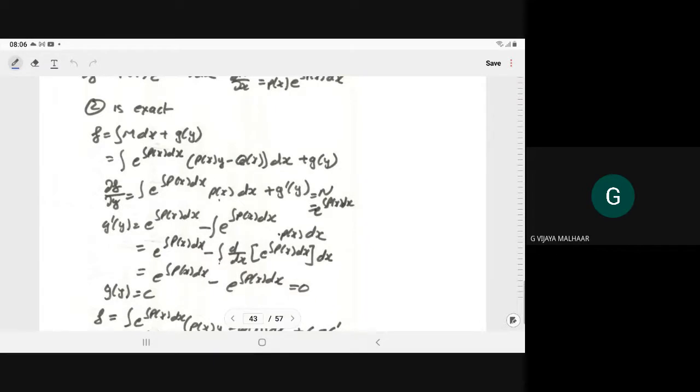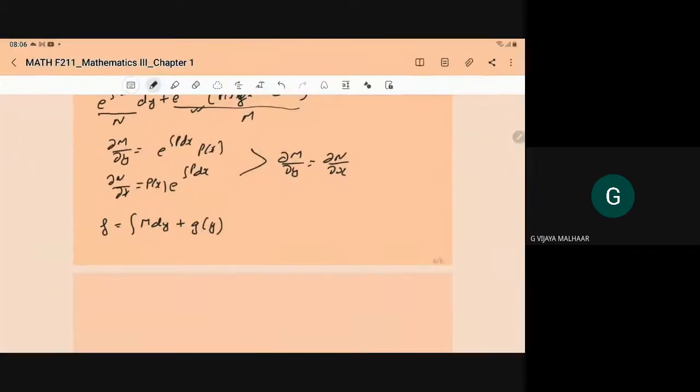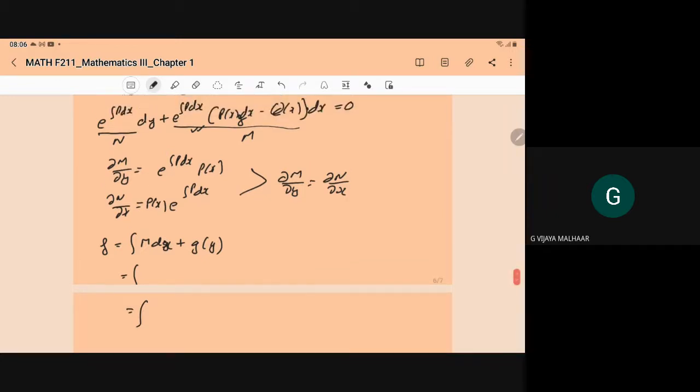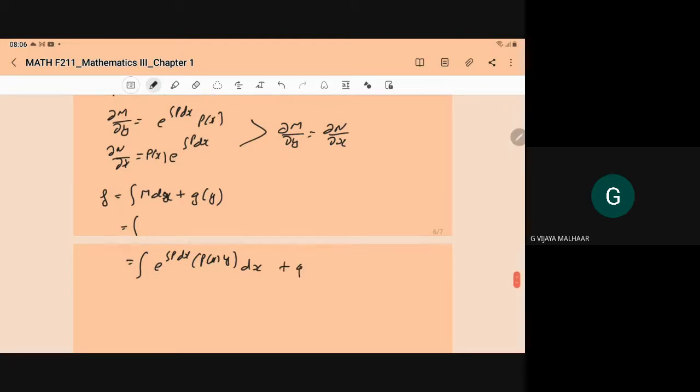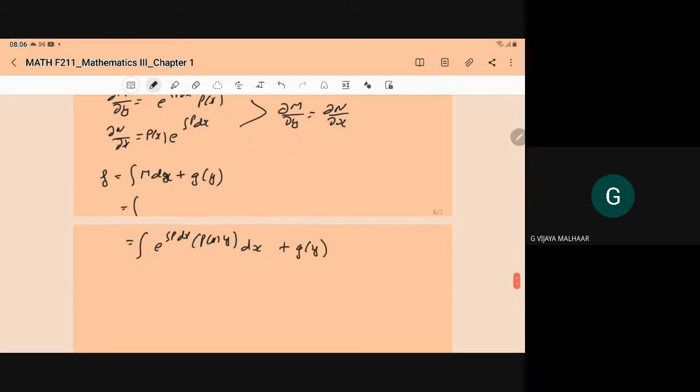So f is the integral of M dx plus g(y). So what is the M here? M is e to power integral p dx and p(x) into y. That is the M, and you have to integrate with respect to x plus g(y).